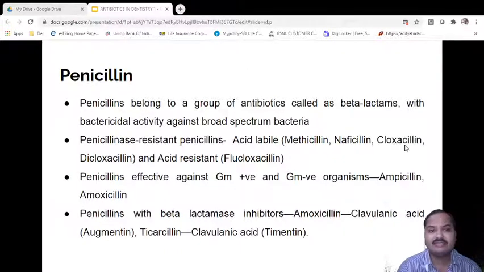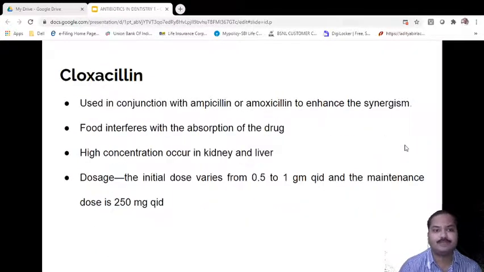So penicillinase resistant penicillins have been developed, penicillins which are effective against gram-positive and gram-negative organisms have been developed, and penicillins with beta-lactamase inhibitors have been developed in the due process. So these were the demands of the times when the mutations changed the drug.